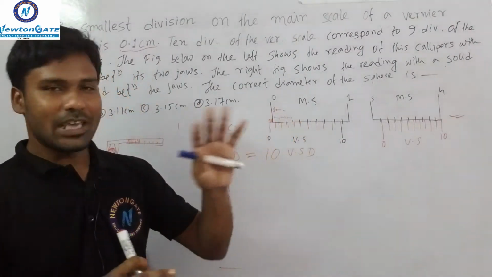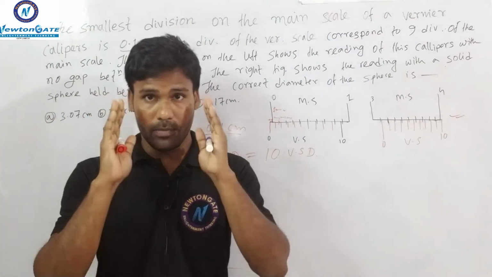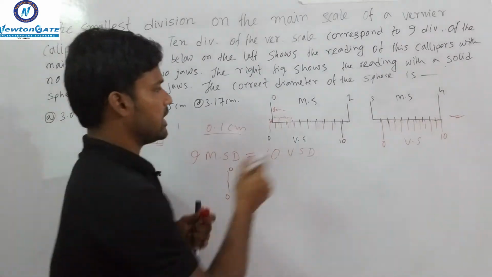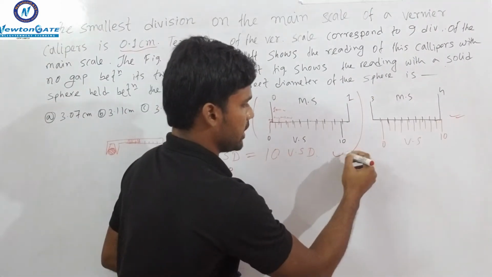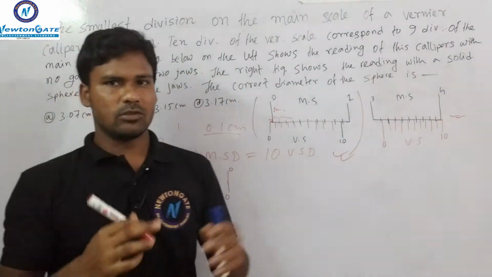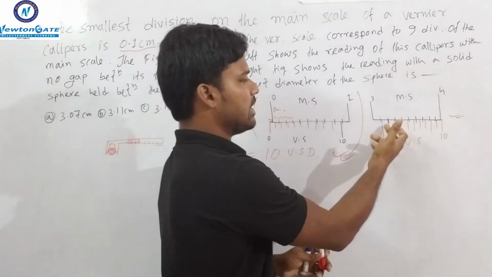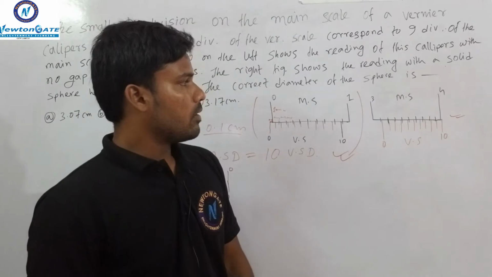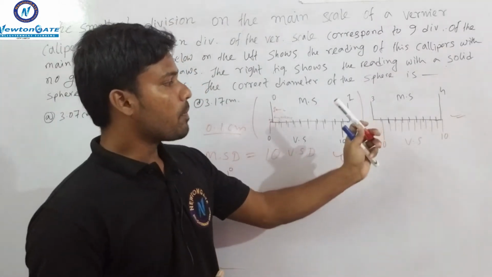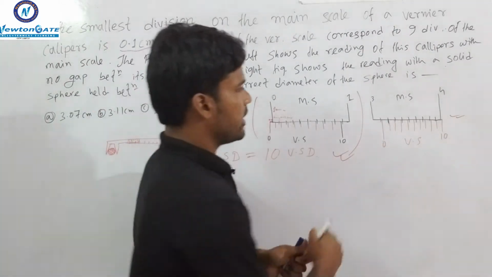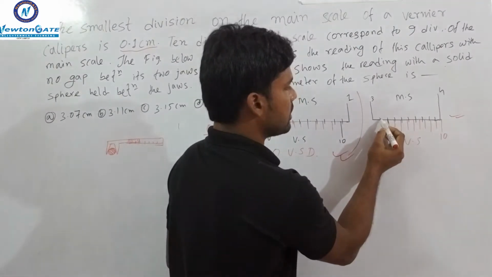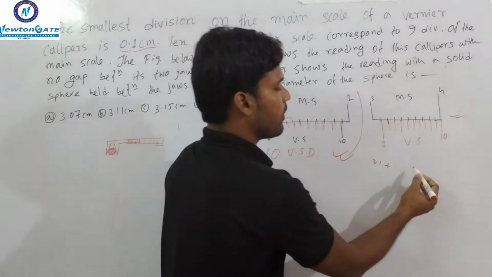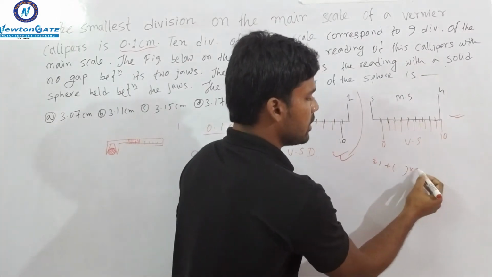But the main key point of this question is this portion, this reading. Because you can easily find the reading from this data: here the main scale reading is 3 and this is 0.1, that is 3.1, plus the vernier reading into least count.